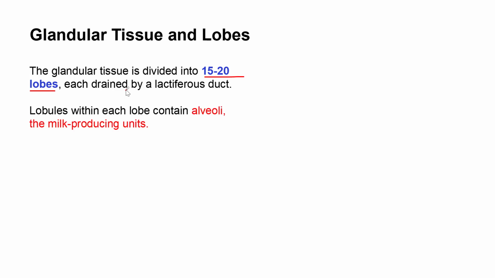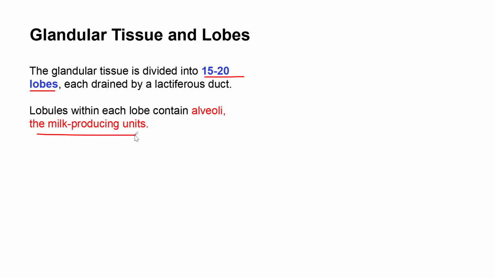Remember, glandular tissue is made up of lobes and lobules. The lobules within each lobe contain alveoli, and the alveoli are the milk-producing units.